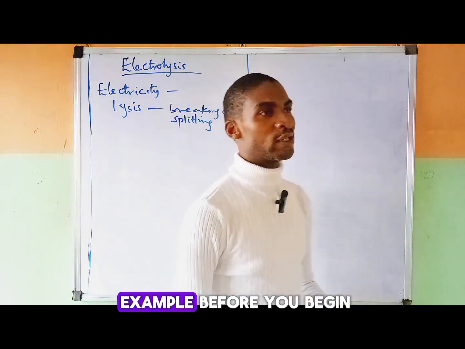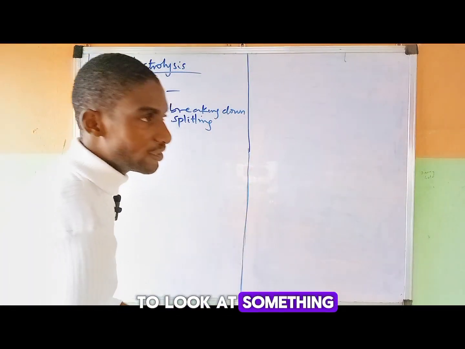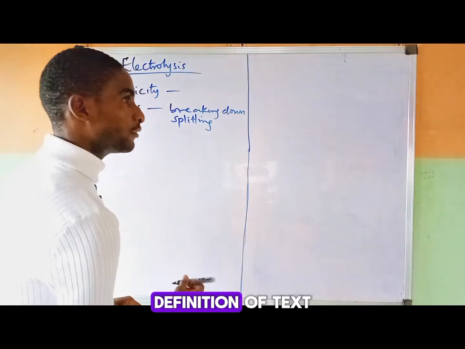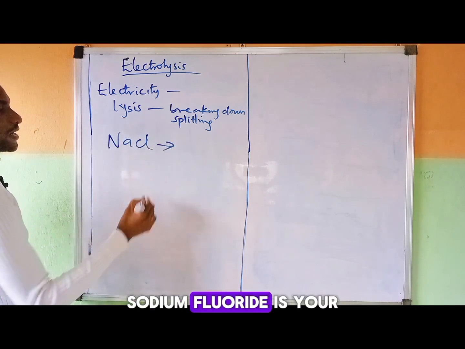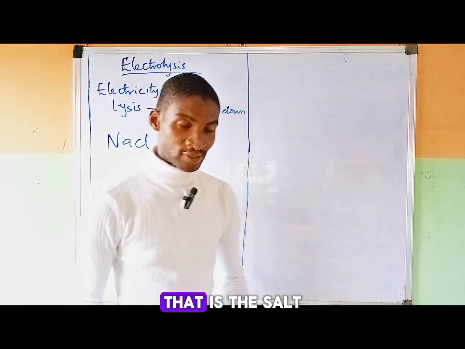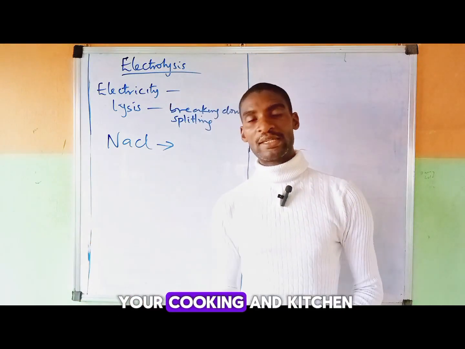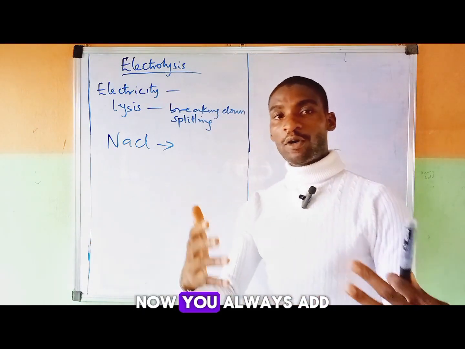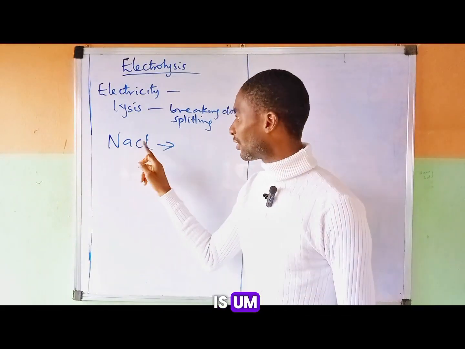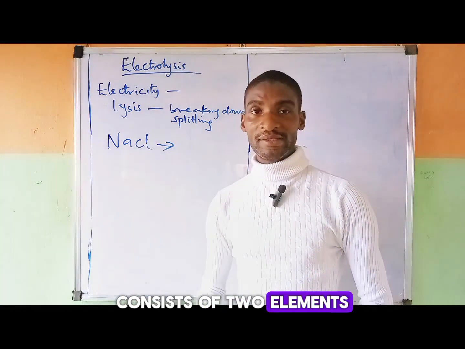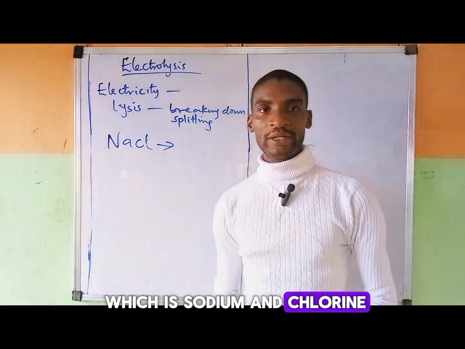So let's take, for example, before we look at certain definition of terms, sodium chloride, your table salt. That is the salt that you use for cooking in the kitchen. You've always heard and learned that sodium chloride consists of two elements, sodium and chlorine.